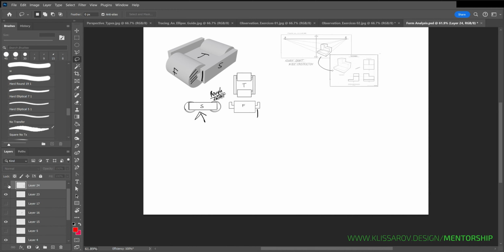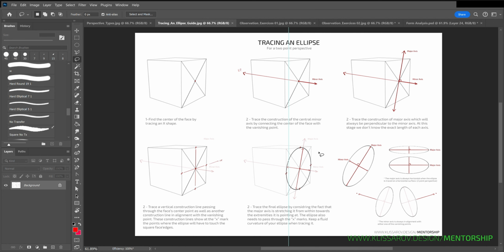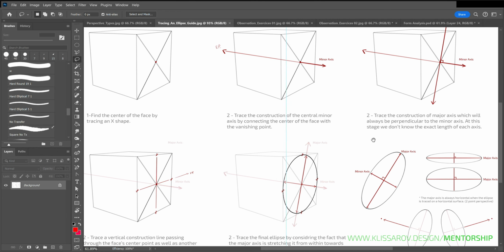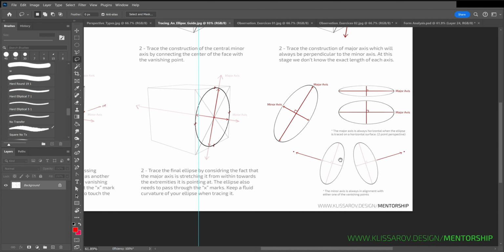To do that, of course, you need to understand the perspective rules, the techniques and the steps of building ellipses in perspective by using a cube or a square that helps you build it.